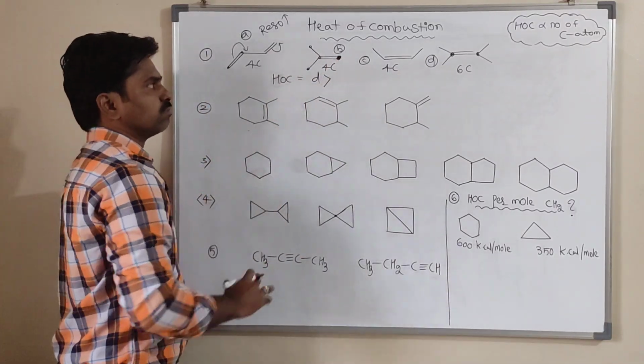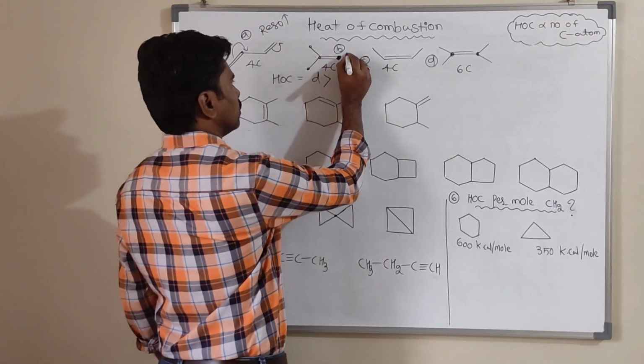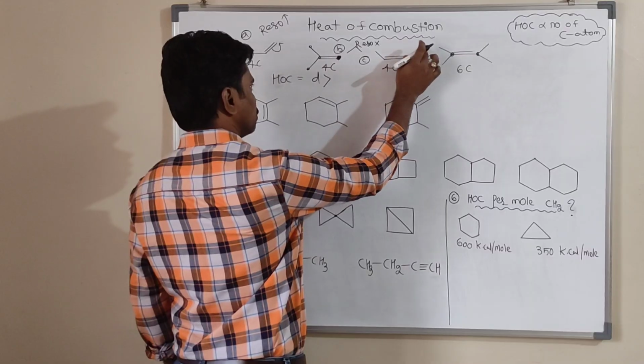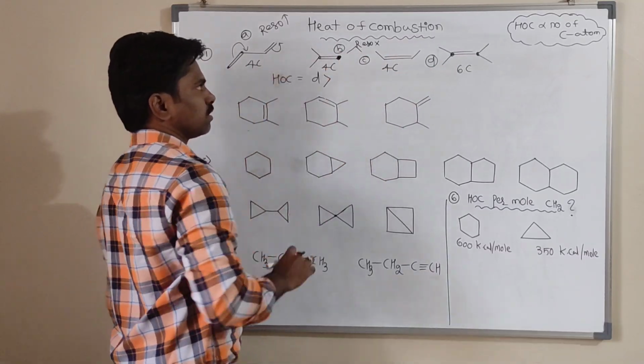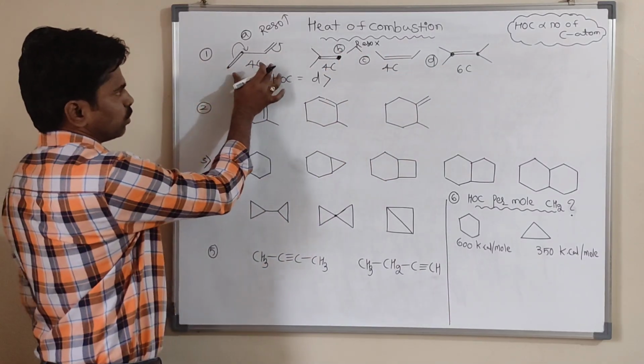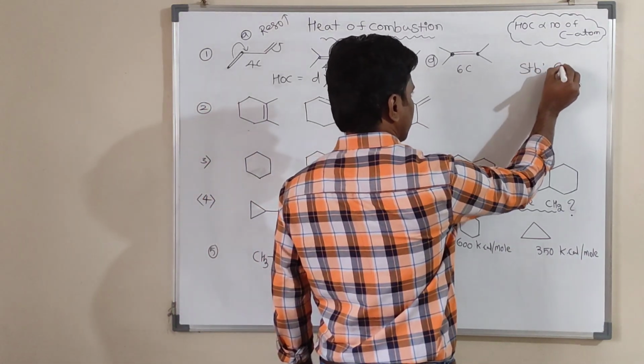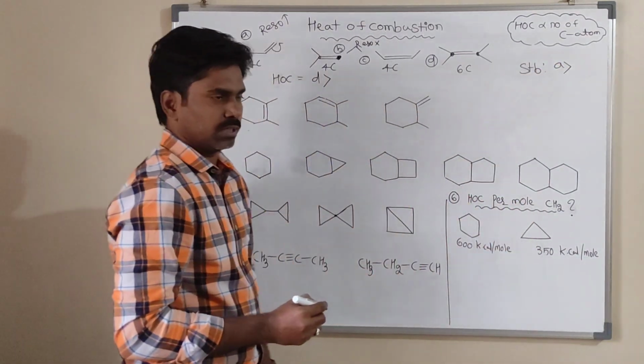For these two options there is no resonance, so A is more stable. I will give the stability order for the 3 options: A is more stable due to the resonance.